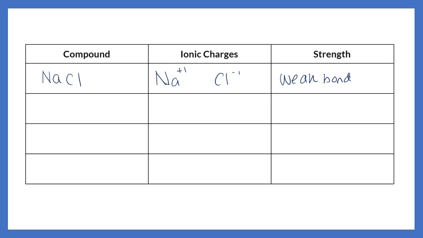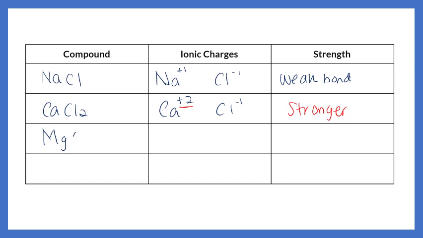Okay, now let's look at calcium bonded to chlorine. Calcium takes a +2 charge, chlorine takes a -1. Since we have that +2 there, we're becoming a little bit stronger. But we still have that -1, which is keeping us from being even stronger than that. All right, now let's look at Mg, magnesium bonded to oxygen.